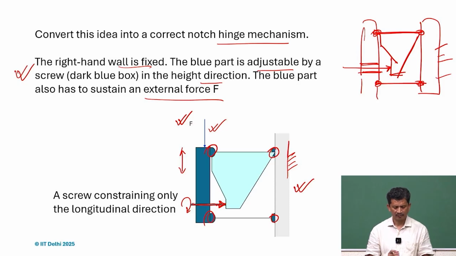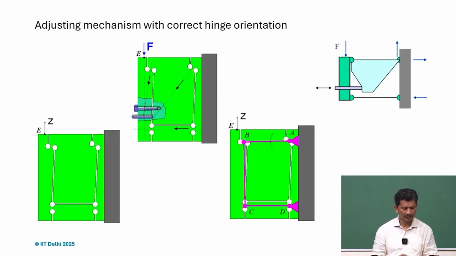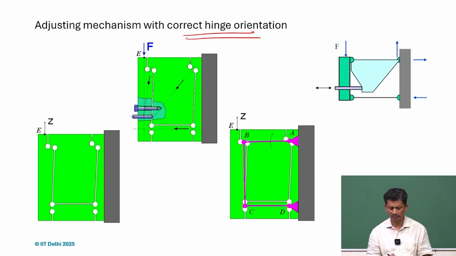And what we also understand is that if we know the direction of forces, and it's not moving a lot and the dominant force direction is known and more or less static, we can fix the orientation. So we have to understand that, and for getting the correct hinge orientation, this is the problem we are talking about.